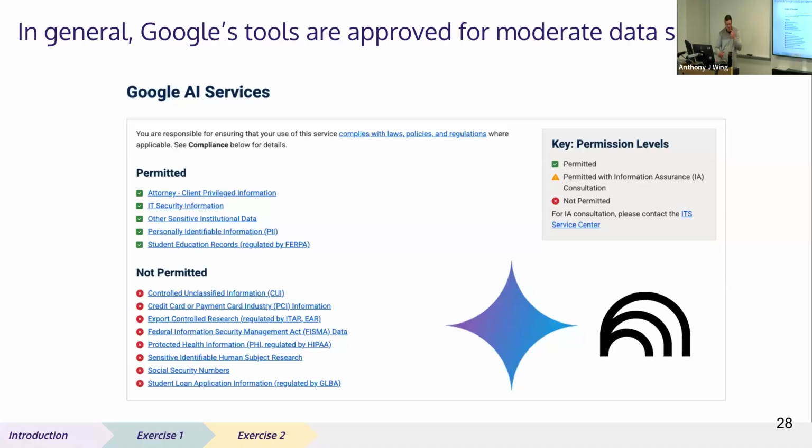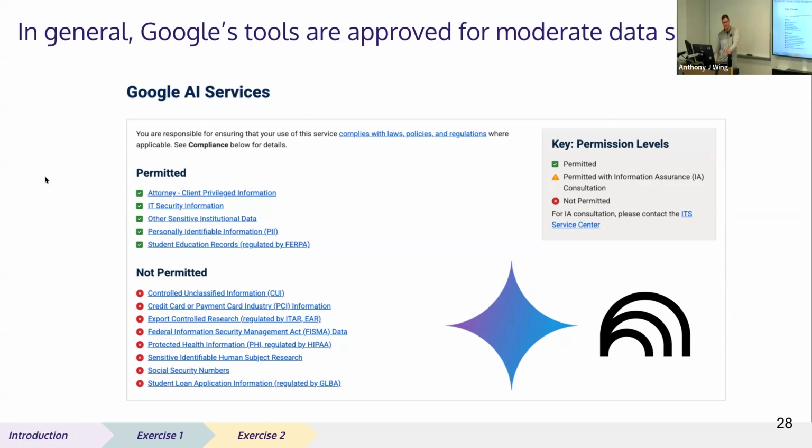And in general, when you're using these Google tools, you can even go to sites on U of M. I'll show you one on the next slide here. It's supposed to be used for moderate data sensitivity, right? So you shouldn't be using it for restricted data or anything like that. And these are just a few of the instances that are permitted, some that are not permitted. I won't read through all of those, but realize that there are some delineations here that you should be aware of when using these tools, right?